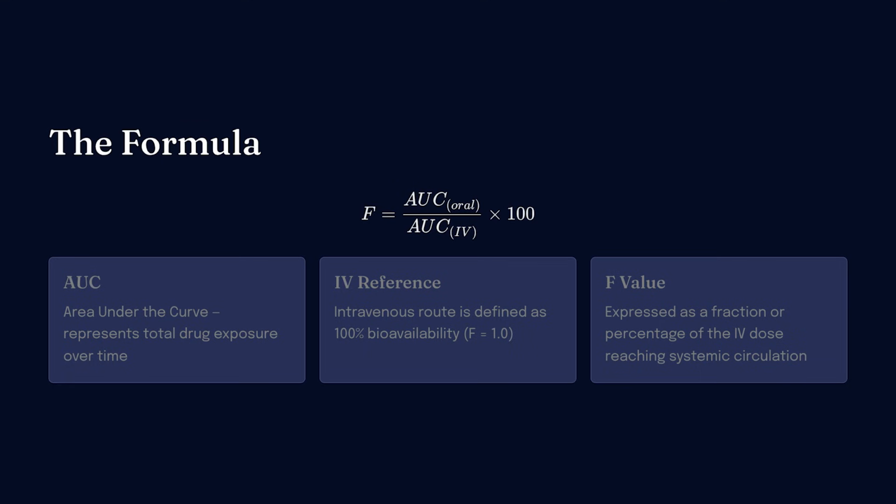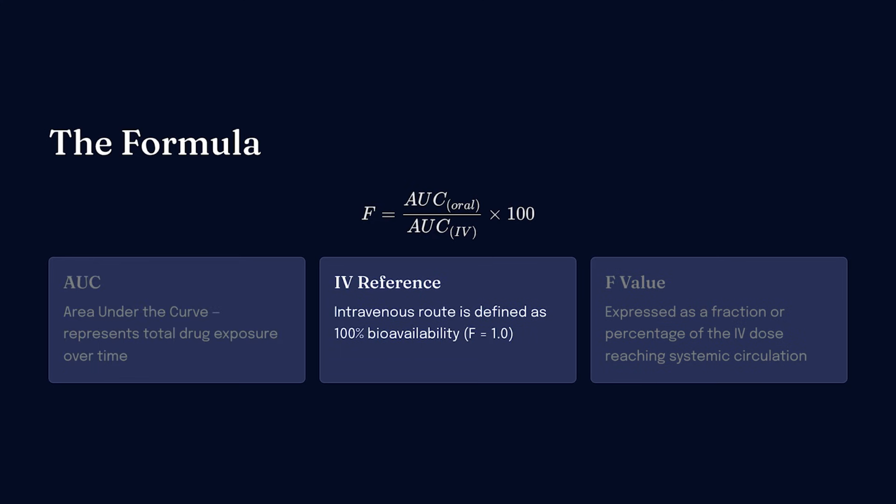Bioavailability is calculated by dividing the AUC after oral administration by the AUC after intravenous administration and multiplying by 100. AUC, or area under the curve, represents the total drug exposure over time.